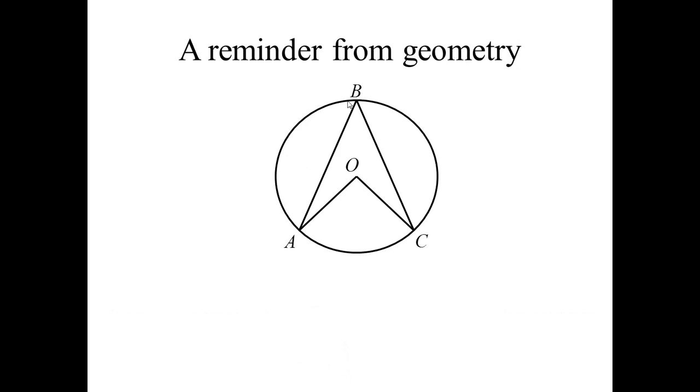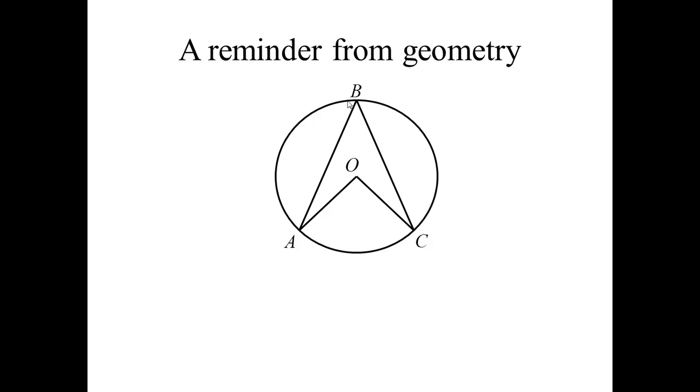Finally, I would like to remind you an important result from geometry. This result involves a circle centered at O and an angle ABC. In this angle, all points belong to the circle.